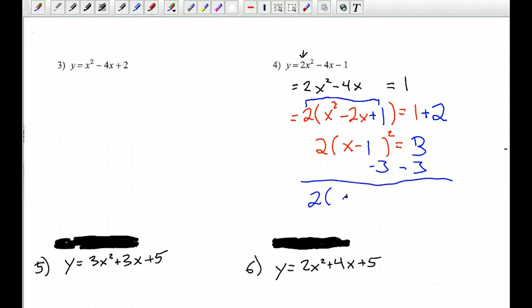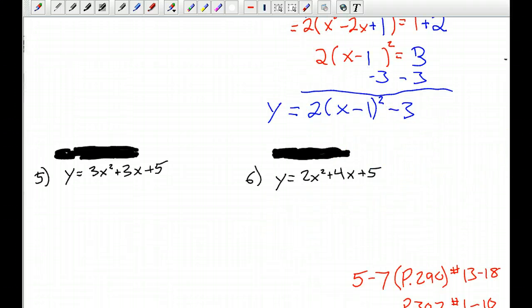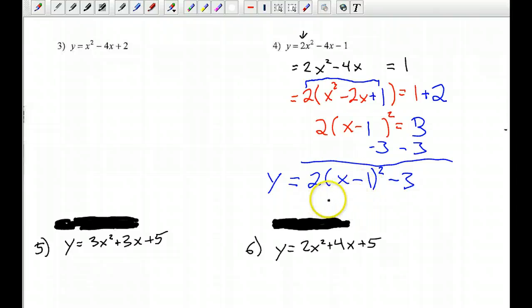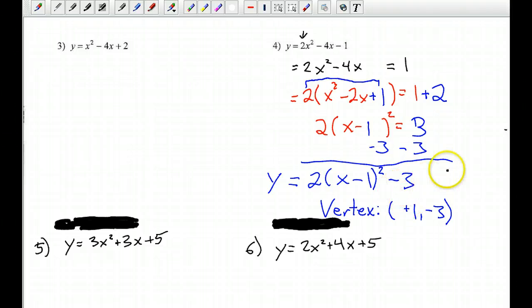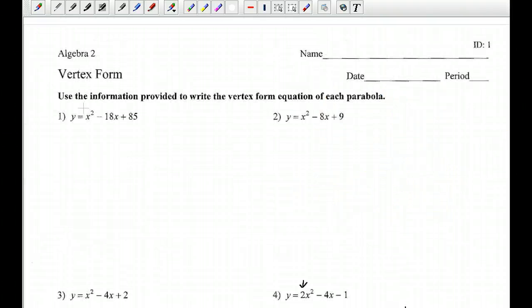There we have 3(x minus 1) squared minus 3 equals y, and the vertex is still just the numbers on the inside. So a nice thing about this vertex form is if there's a number on the outside, it still doesn't change it. What's the vertex? Yeah, positive 1 comma negative 3. Positive 1 comma negative 3.